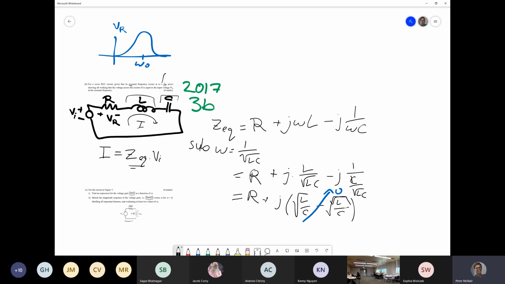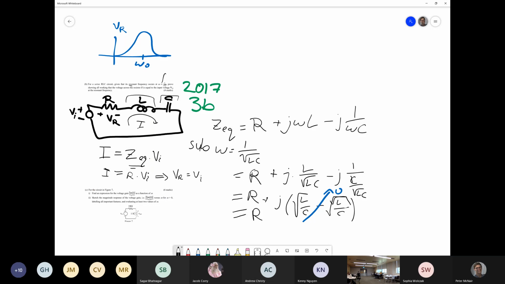So we can say that Z equivalent is just equal to R. So that means that the current is just equal to V in over R. And that means that VR is simply equal to V in.